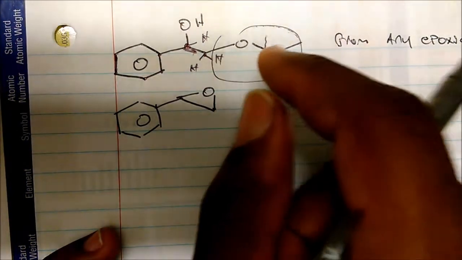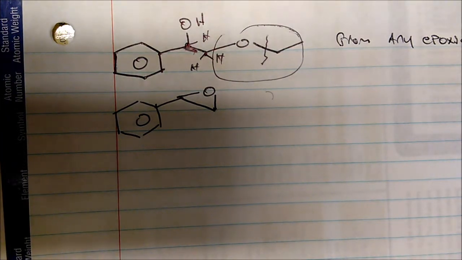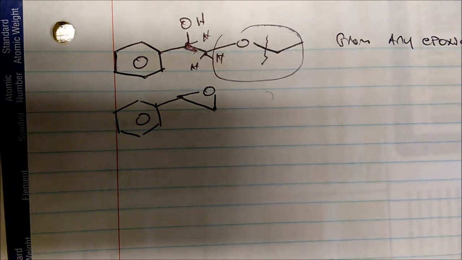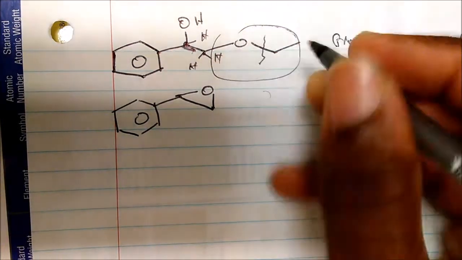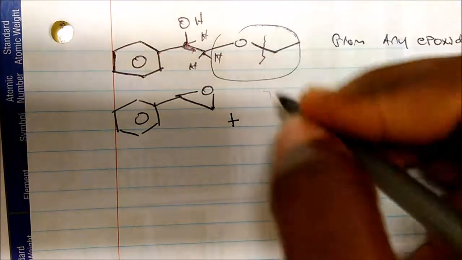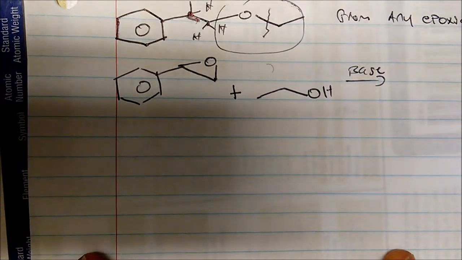We said epoxides react in acidic conditions and basic conditions, but in bases we get attack at the less substituted carbon. So we could take this molecule and add ethanol in some sort of base, and we should get a product. So let's synthesize it.